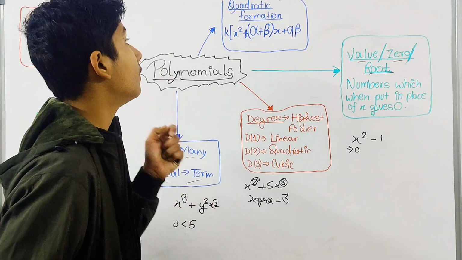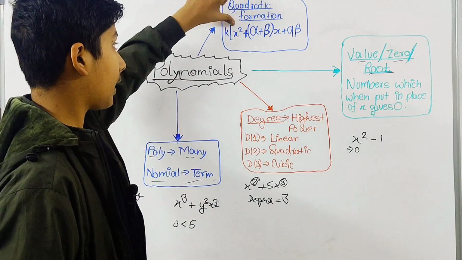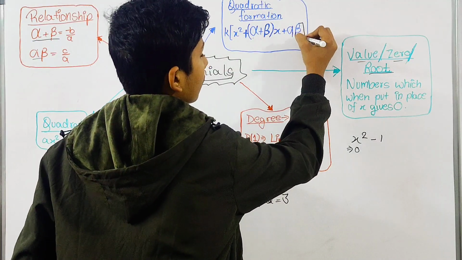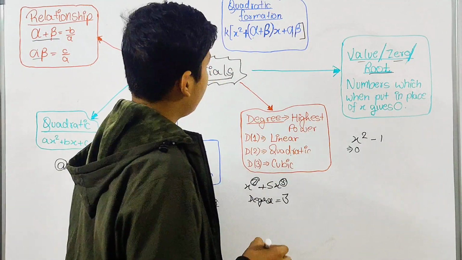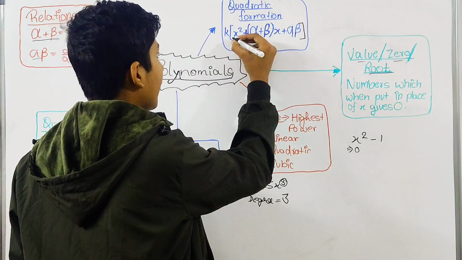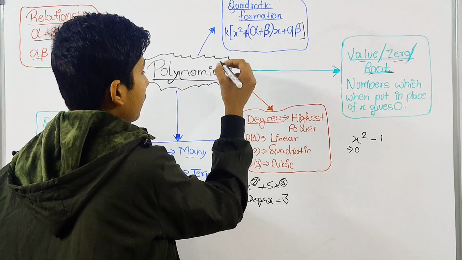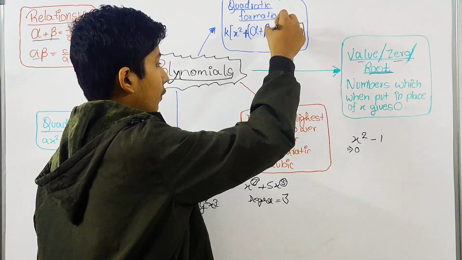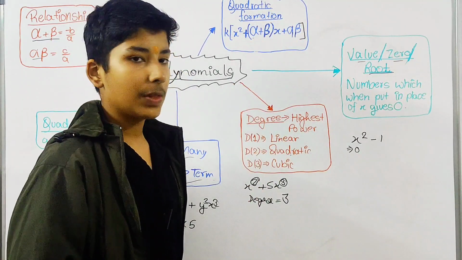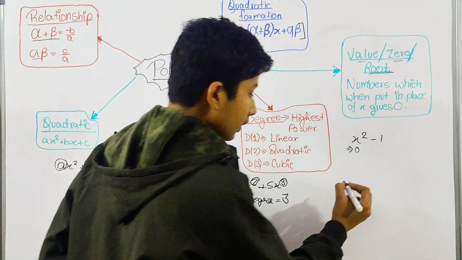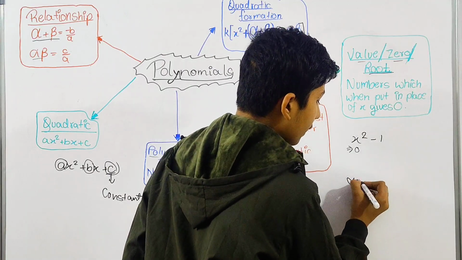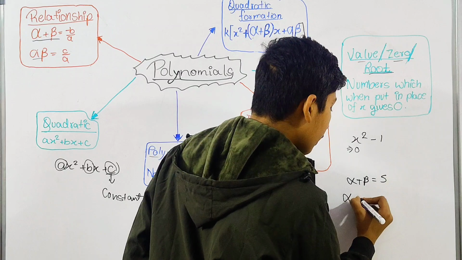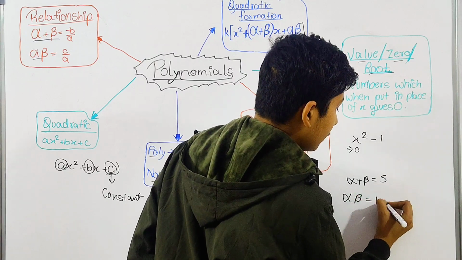There is a formula which is called k multiplied by this. So this is a very important formula. So what is there? k into x square, k into bracket x square minus sum of zeros into x plus product of zeros. Example, alpha plus beta equals to 5 and alpha beta equals to 10.